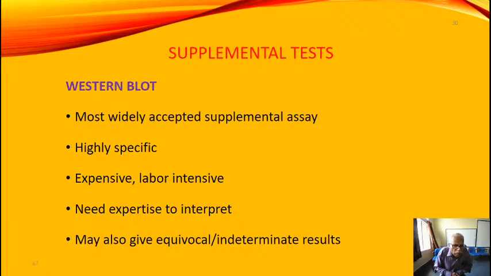Already I told a little about the Western blot. With Western blot, we are going to detect if the patient has all the antibodies, so it can detect all the antibodies. Here the viral lysates are subjected to electrodiffusion on the nitrocellulose paper.